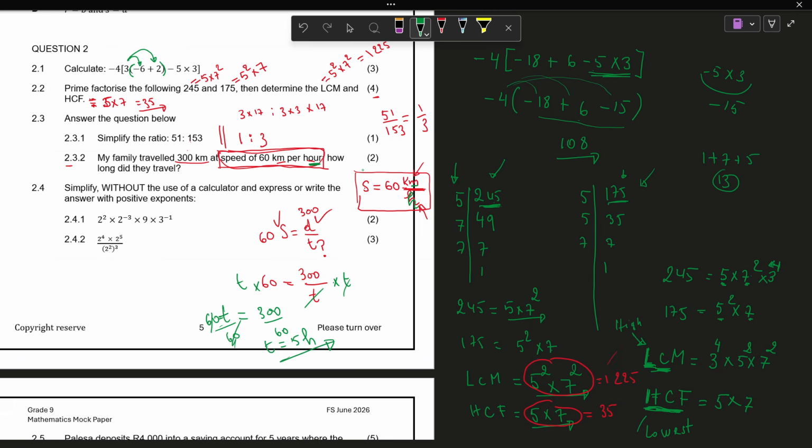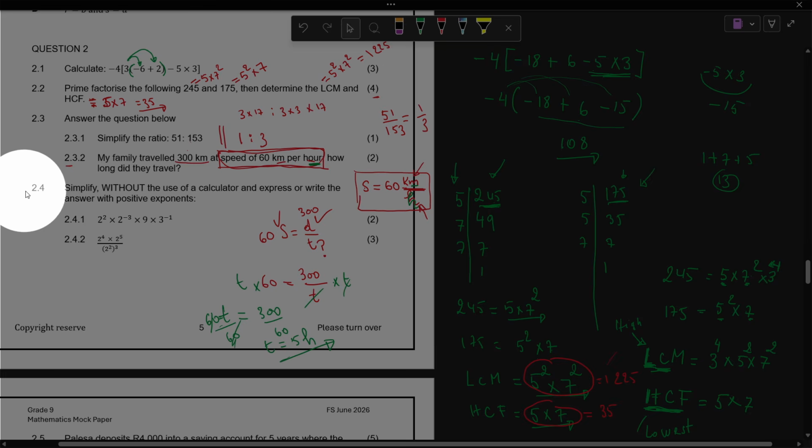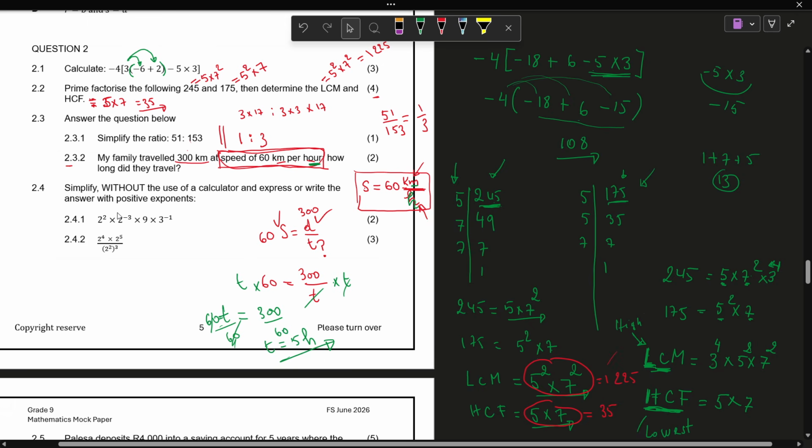Okay, great. Now let's move to 2.4. So we are right here now. Here, 2.4: simplify without the use of a calculator and write the answer with positive exponents. Okay, so I'm going to do it fast here.